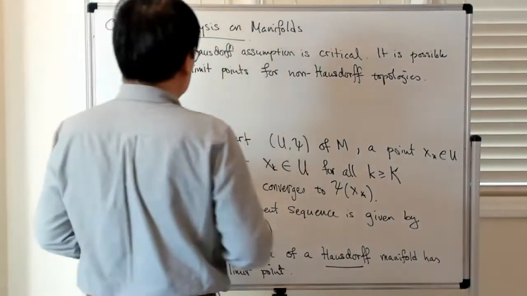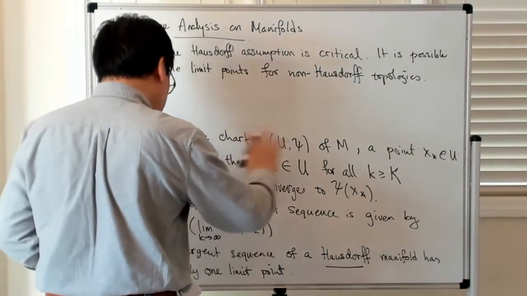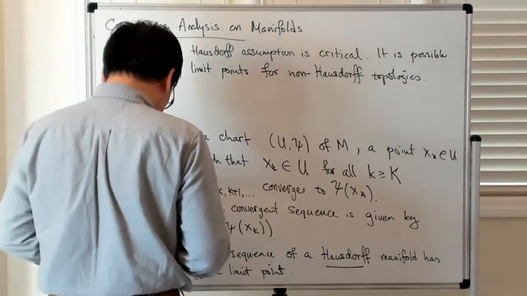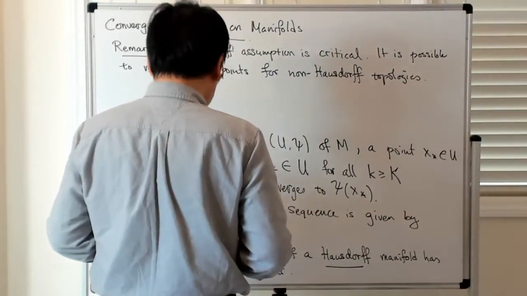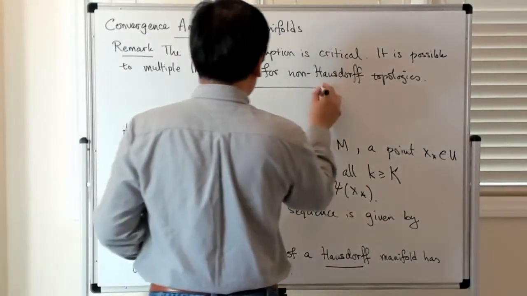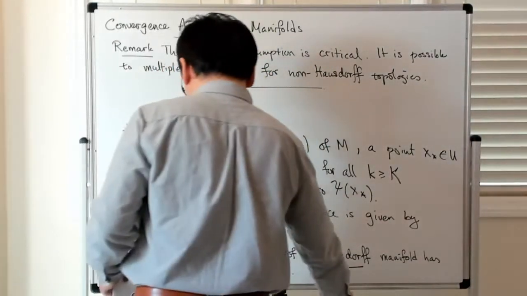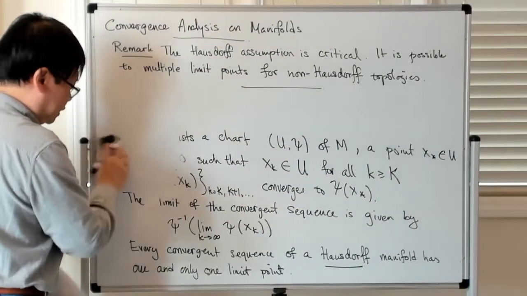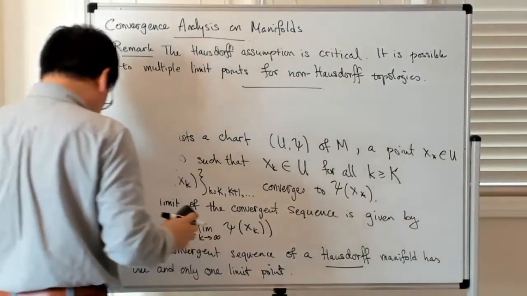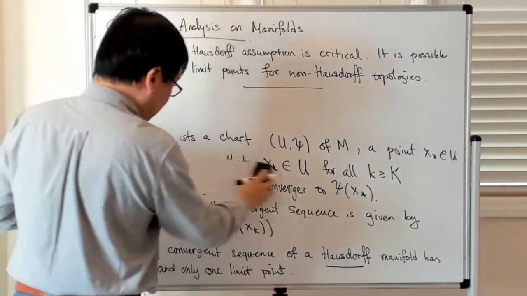Okay, so we've defined this in terms of the coordinate charts. Equivalently, you could also talk about this more compactly by just talking about the manifold topology, basically, right?